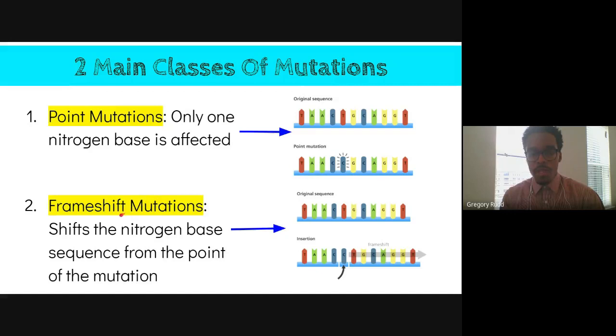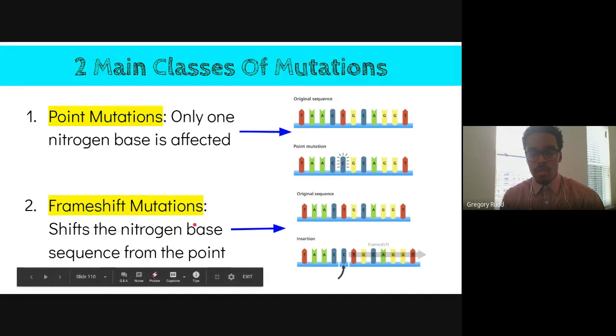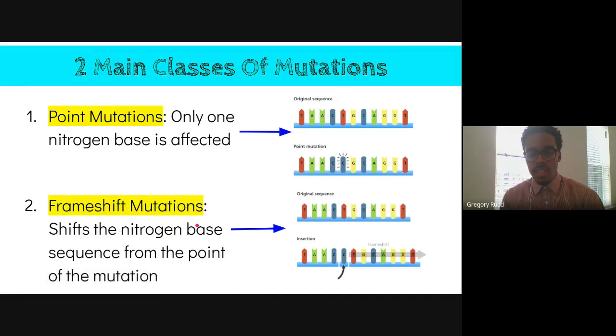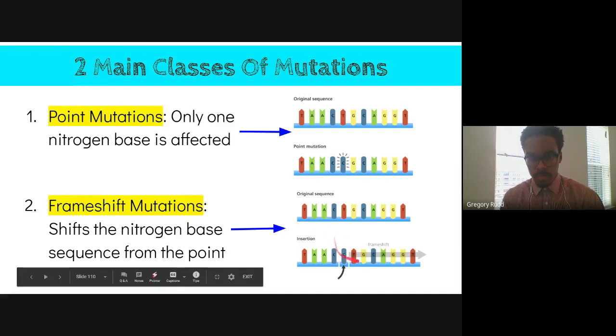But frame shift mutations end up affecting the entire sequence after the point of issue. So there might be an insertion in which we put in a new nitrogen base, but that of course shifts everything else over. Or there's a deletion in which we take out one of these nitrogen bases, and that also shifts everything else over.